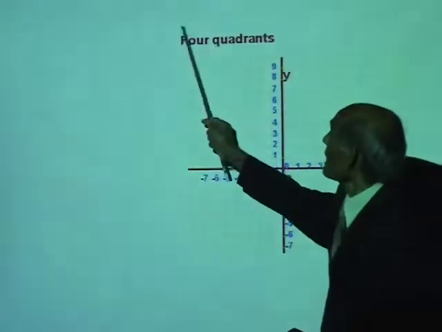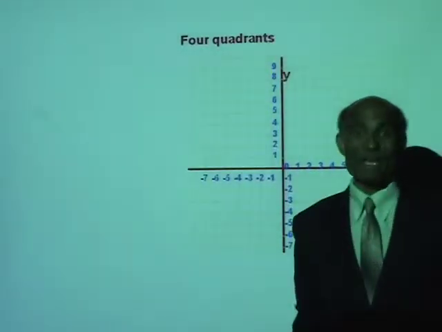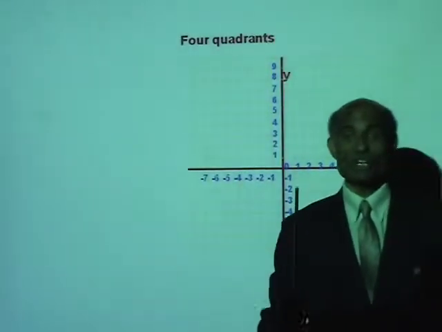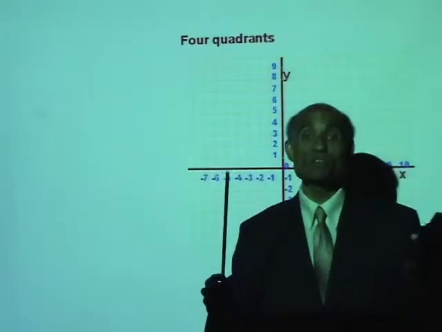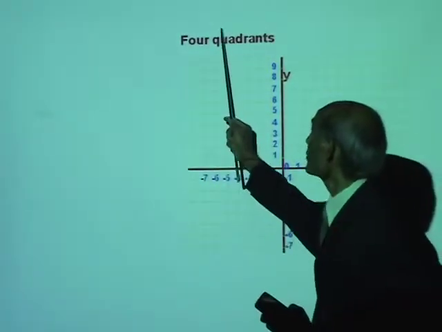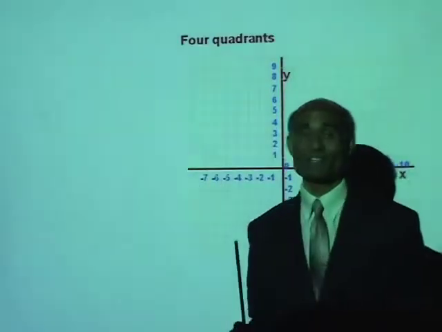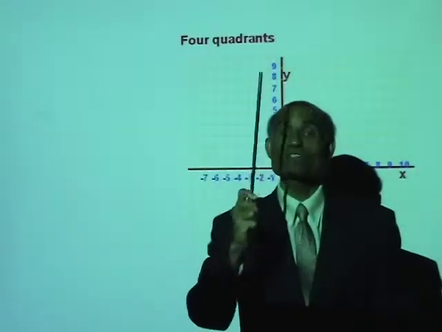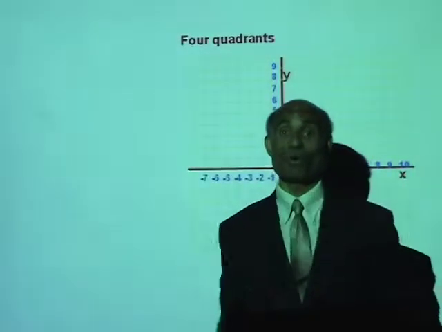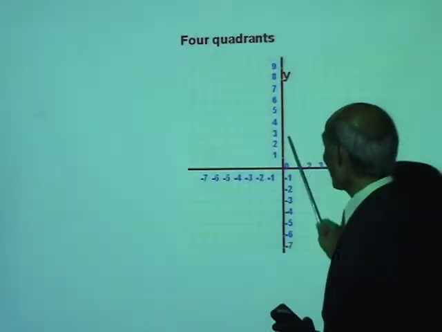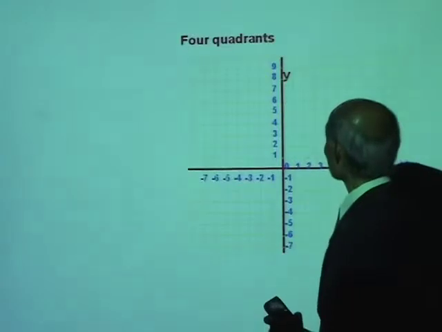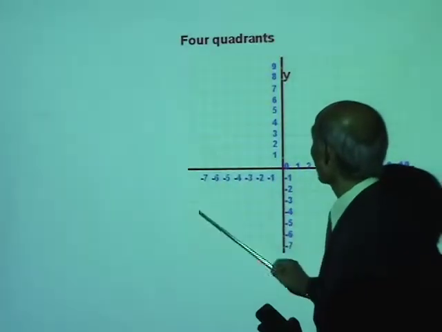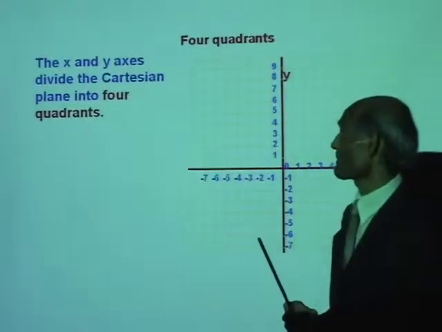The x and y axes divide the whole Cartesian system into 4 quadrants. What is a quadrant? A quadrant is 1 out of 4.